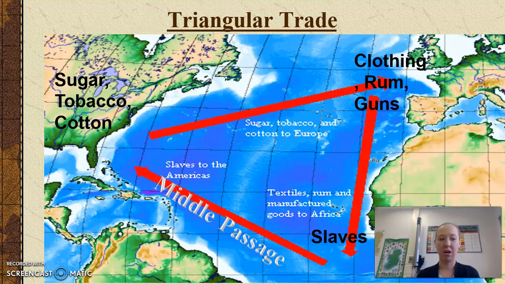The goal of many slavers is to have basically as much product as they possibly can stuffed into the ship, okay? And with that being said, conditions are going to be absolutely horrible for those enslaved individuals. Estimates put that anywhere between 40 and 60% of those that start the journey from Africa do not make it to the Americas.